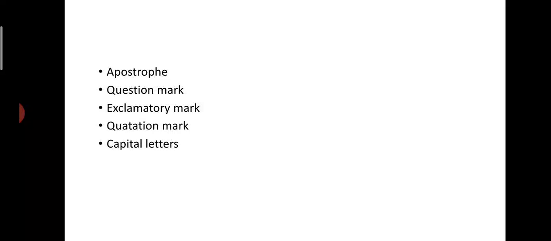It is direct speech, so quotation marks are used. All of you know the meaning of direct speech and indirect speech. In indirect speech you are not going to use any kind of quotation marks.